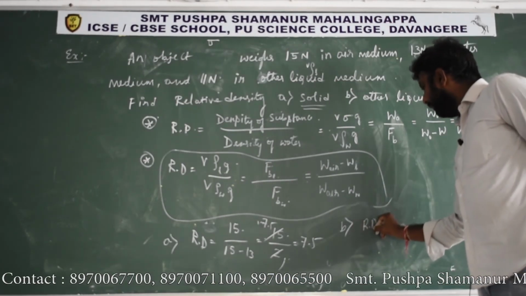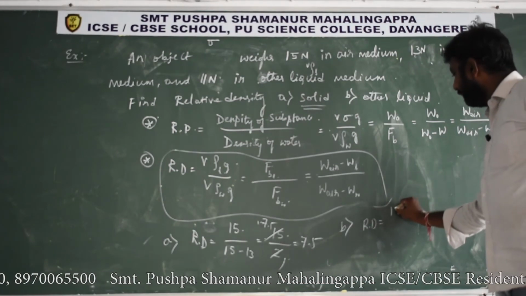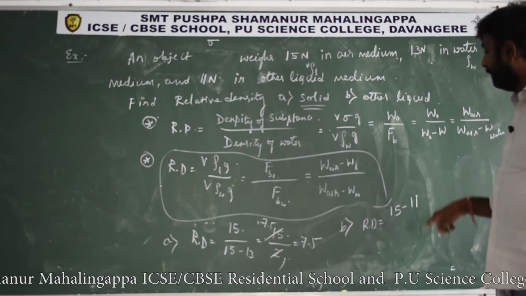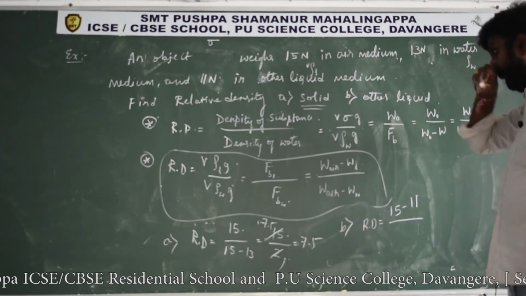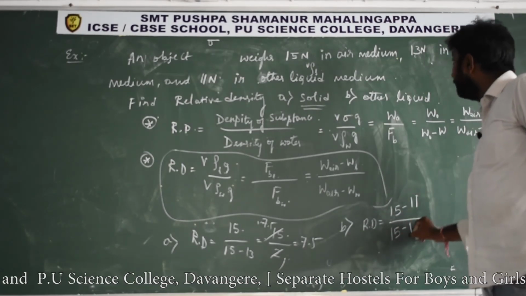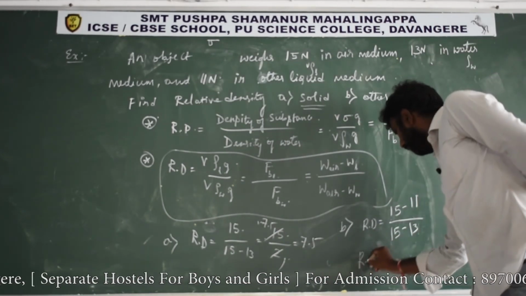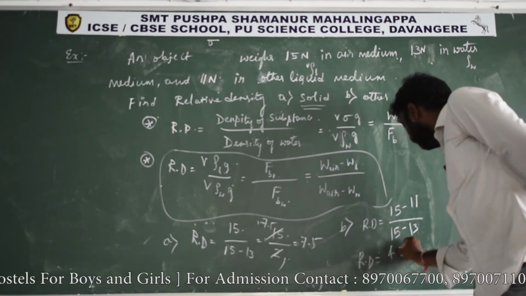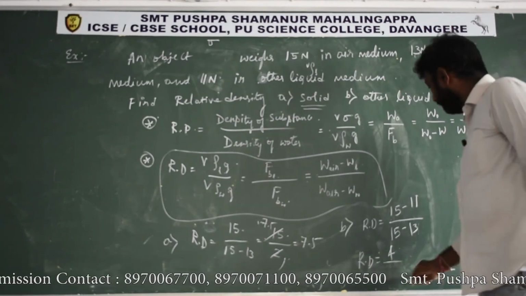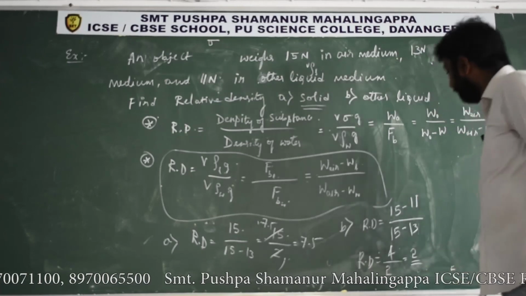Relative density of liquid is 15 Newton in air medium minus 11 Newton in liquid medium, divided by 15 minus 13 in water medium. So the answer is 4 in the numerator, and in the denominator 15 minus 13, that is 2. The relative density of the liquid is 2.